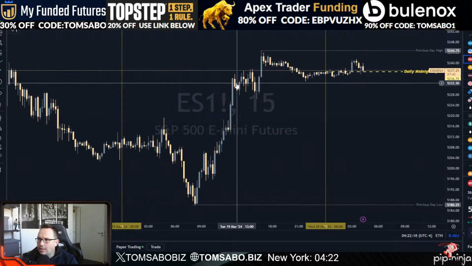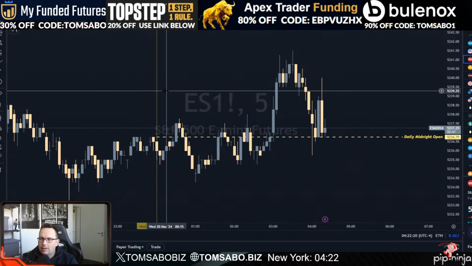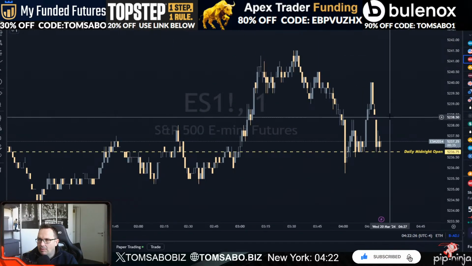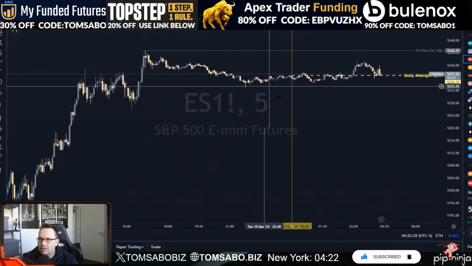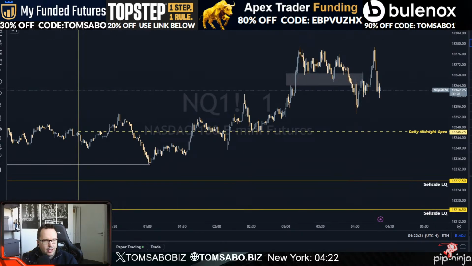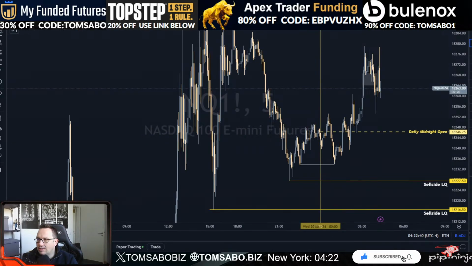Maybe let's check ES. ES 5 minute. Maybe some news came out. I don't know. We have liquidity void up there on ES. Pretty hard to say anything at this moment. On the 5 minute entry looks still good. Well, the 5 minute entry is okay.